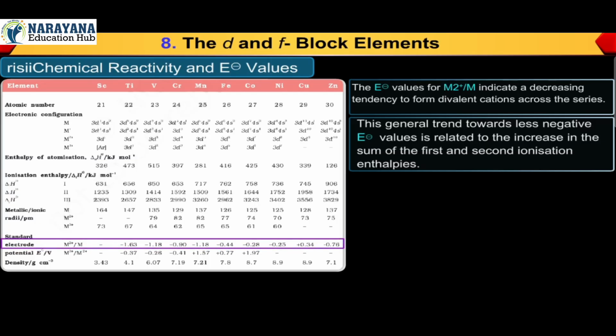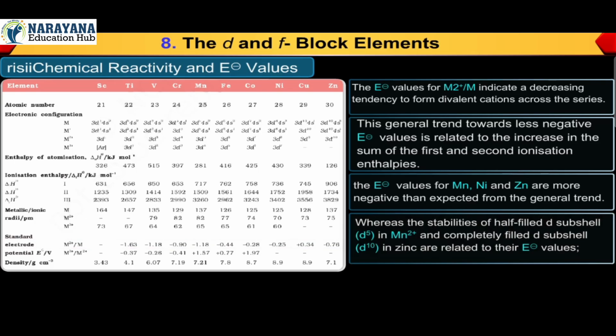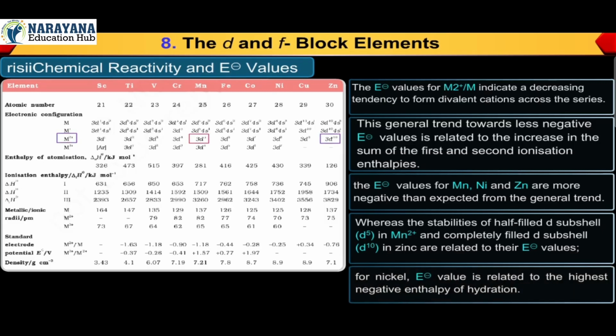It is interesting to note that the E standard values for manganese, nickel, and zinc are more negative than expected from the general trend, whereas the stabilities of the half-filled d subshell, that is d5, in Mn2+ and completely filled d subshell, that is d10, in zinc are related to their E standard values. For nickel, E standard value is related to the highest negative enthalpy of hydration.